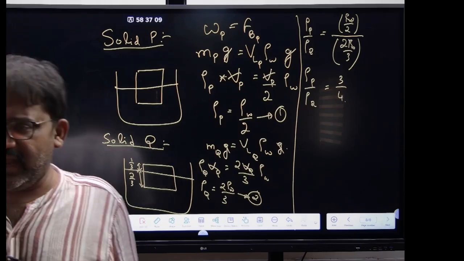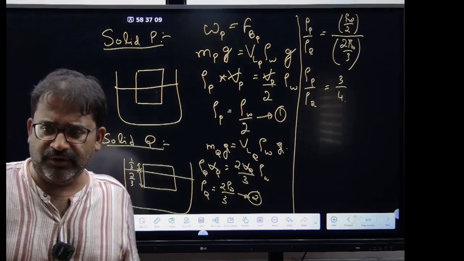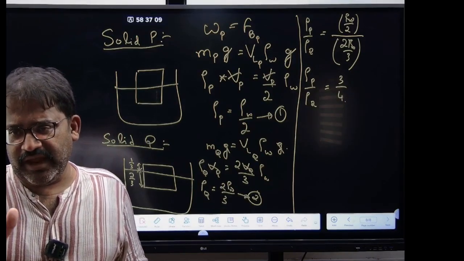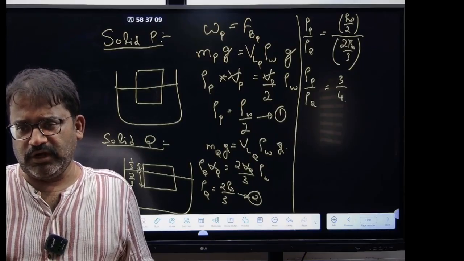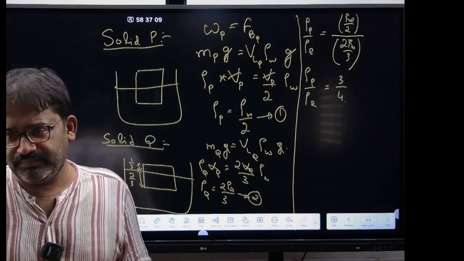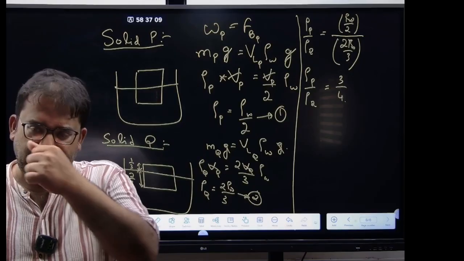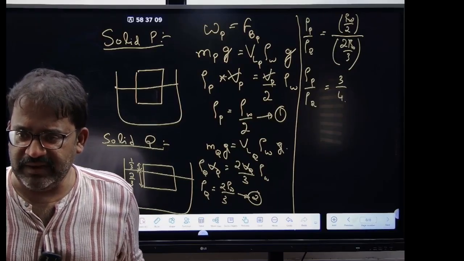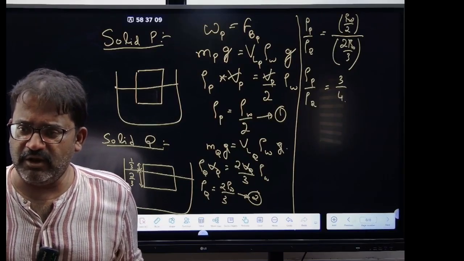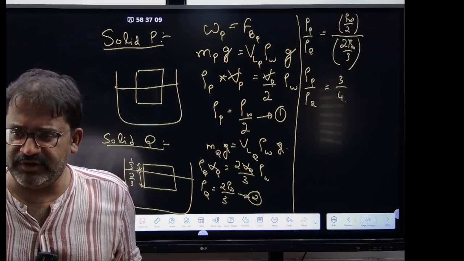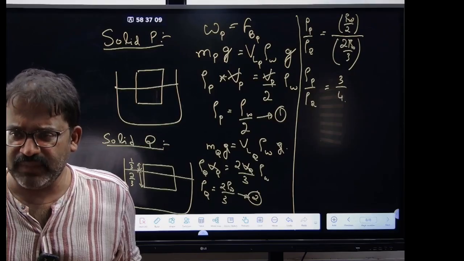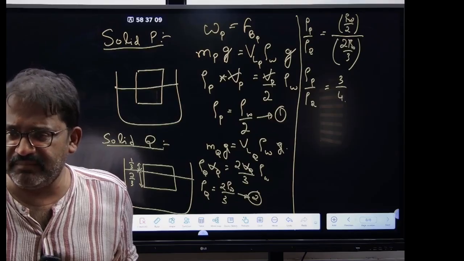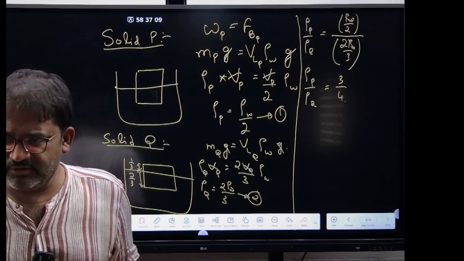The area is given to us. We have to find out velocity. So the formula is A V equal to constant. Correct? That means AA VA equal to AB VB, where A is the area of A, VA is the velocity of the liquid in A, AB is the area of B, VB is the velocity of the liquid in B. Any doubts on that?